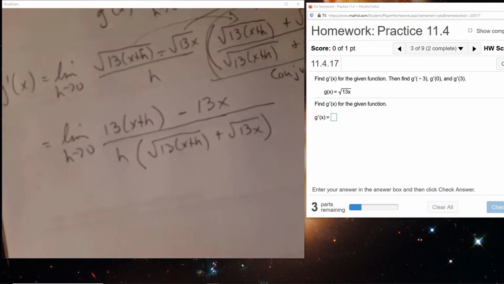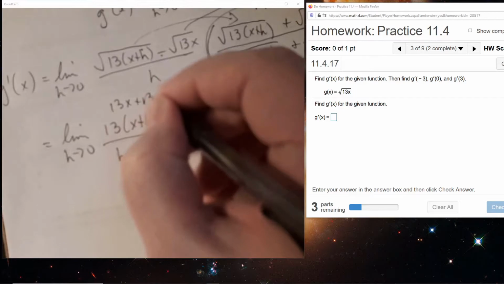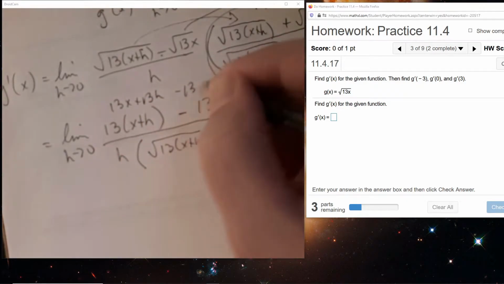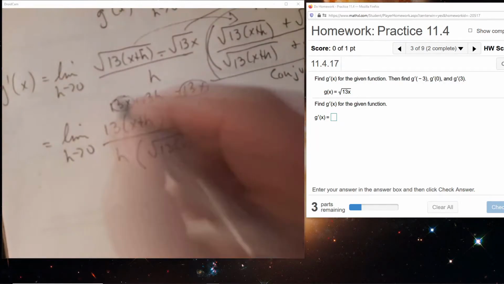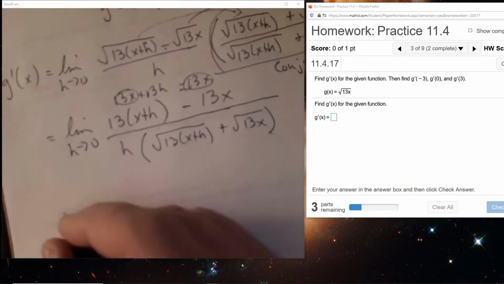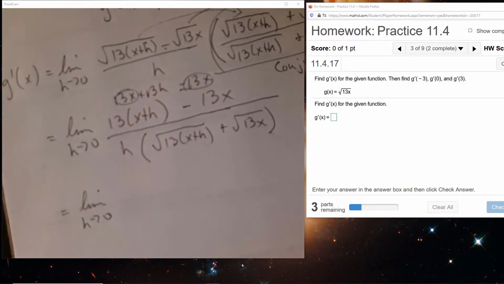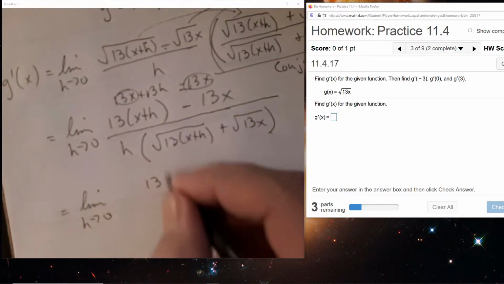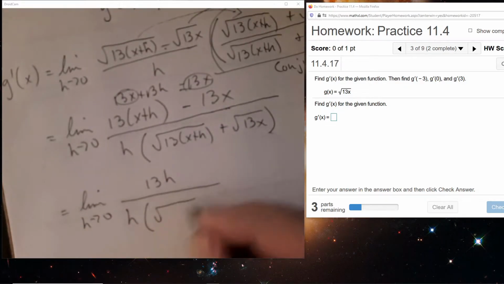And now if we look where we're at, we're at the limit here. So this is 13x plus 13h minus 13x. So the 13x's will subtract out, and we're left with 13h over h, and then times this stuff.